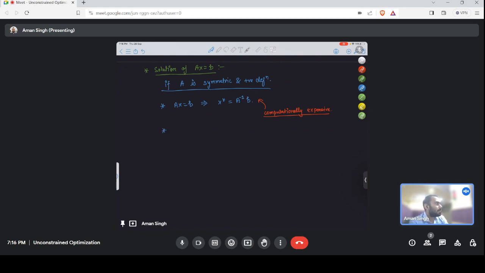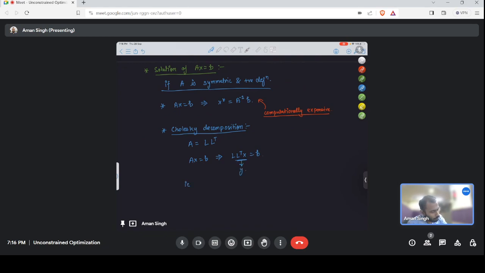So another method is, as we saw, Cholesky decomposition. As A is a symmetric positive definite matrix, we can always find a matrix L such that we can decompose A into L and L transpose. Then the equation Ax is equal to B becomes L L transpose x equal to B. Now we assume L transpose x to be y.